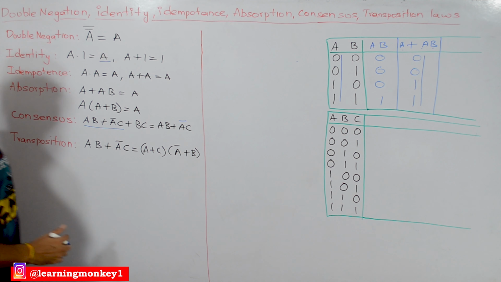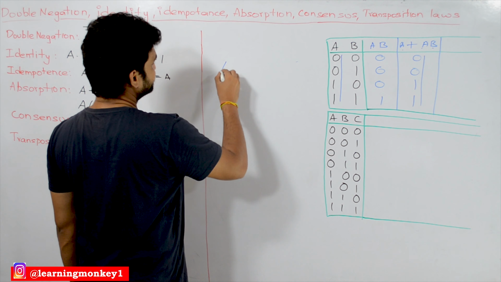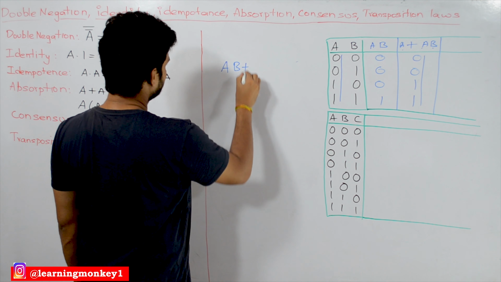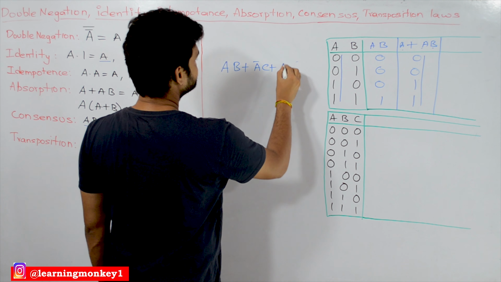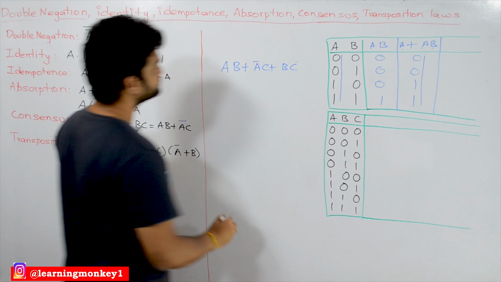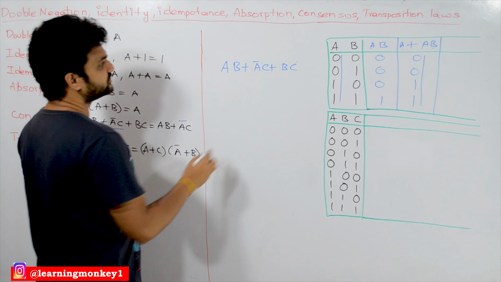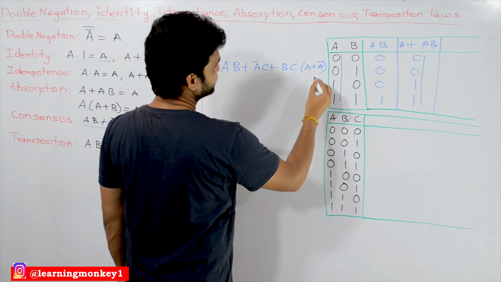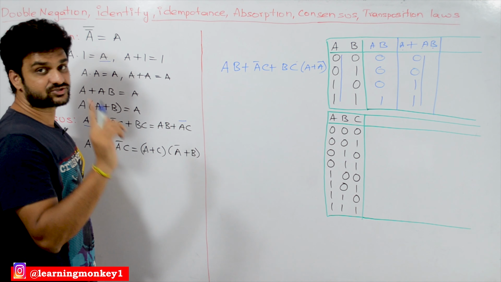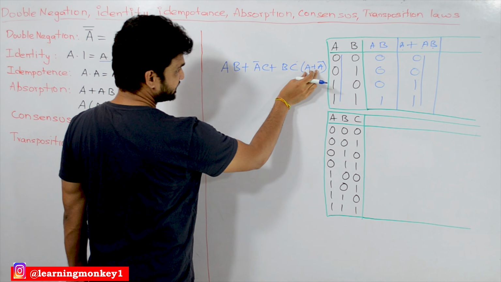So how to prove this? Just take the left hand side, AB plus A bar C plus BC. Now we will add A plus A bar to it. A plus A bar is going to be 1, so adding this does not make any harm.